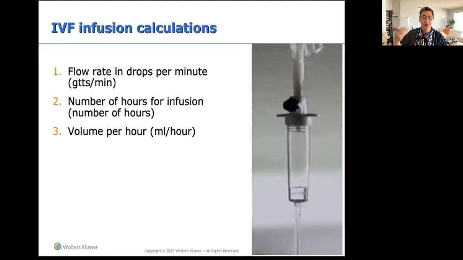How much are you as a nurse going to set the IV pump to run for this medication? When a physician orders, let's say, vancomycin IV, give it to the patient over an hour, they're not going to tell you to run it at 200 an hour, 500 an hour, or however much an hour. It is up to you to calculate how much to program the pump to give it to the patient. So you need to know how many mLs per hour to set your pump. Critical part of this nursing job.